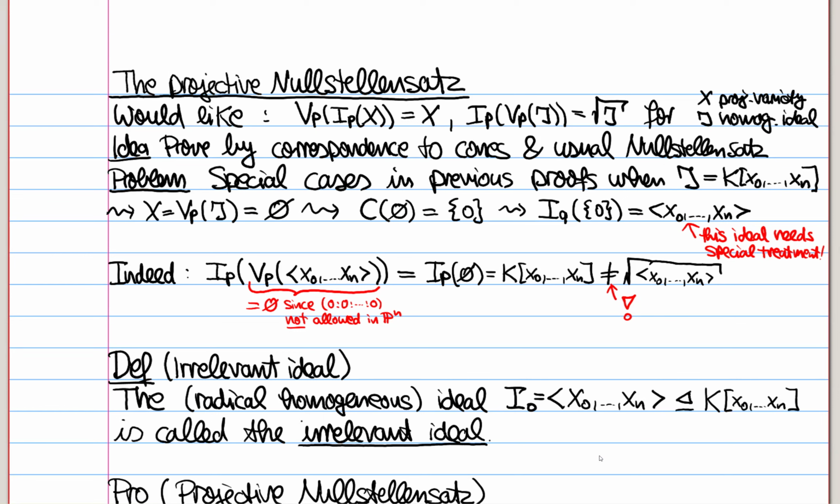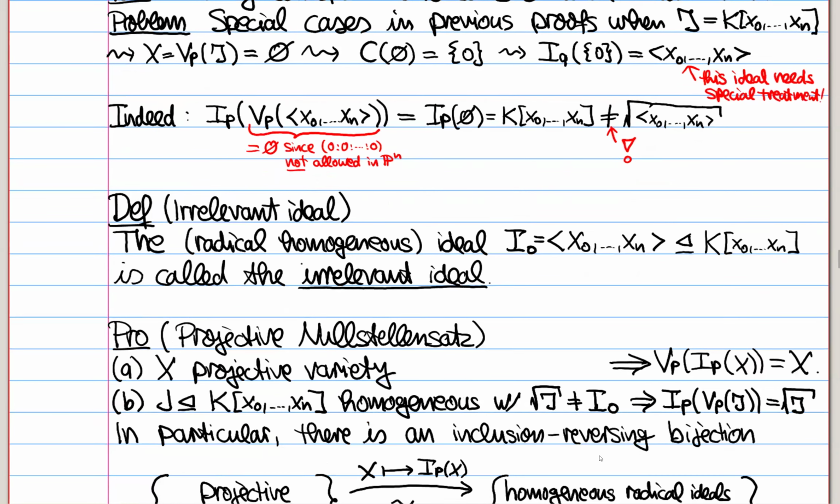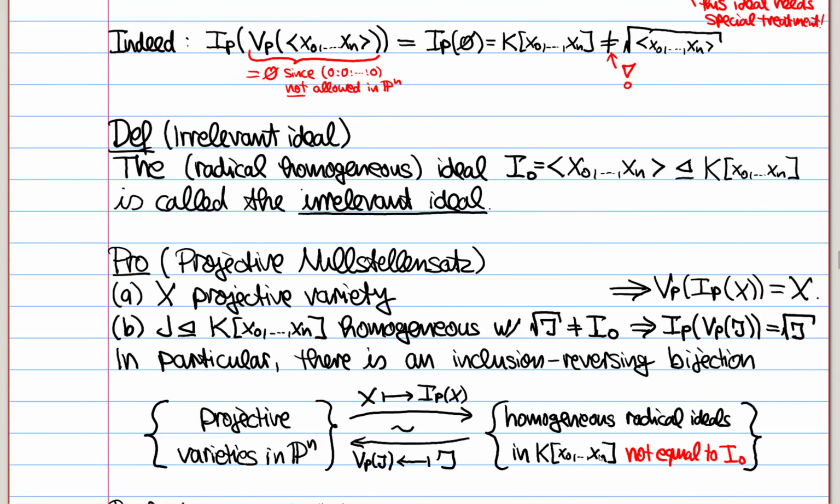So we call this the irrelevant ideal, and then the projective Nullstellensatz says that one direction works very nicely. For any projective variety, it is the vanishing locus of its own ideal. This thing still works. And if you have a homogeneous ideal J such that its radical is not allowed to be the irrelevant ideal, once you impose this, then it's true that the ideal of the vanishing locus of J is equal to the radical of J. This was the formal properties of VP and IP.